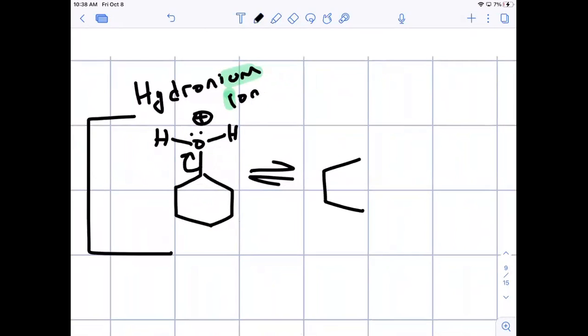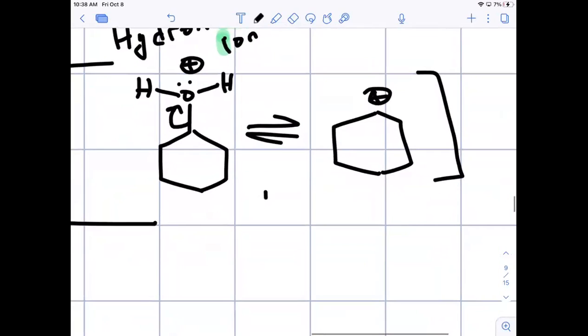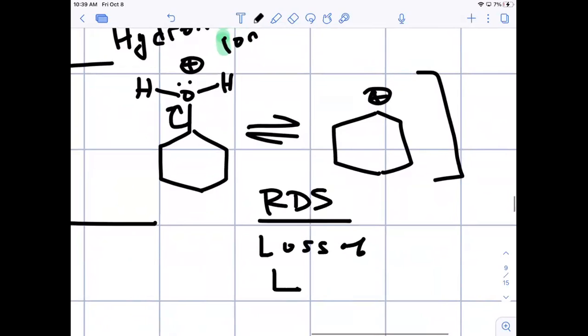And give me a carbocation intermediate. Up to this point, this is all identical to SN1, right? So this is the rate determining step though, right? Just like SN1. Loss of my leaving group is the rate determining step. So just like SN1, this is going to be a unimolecular reaction.